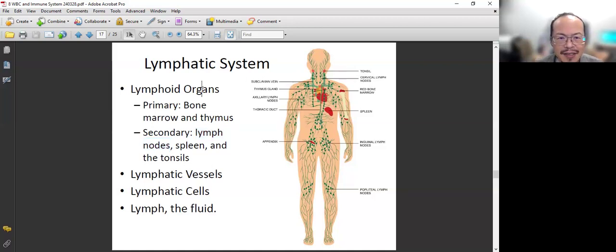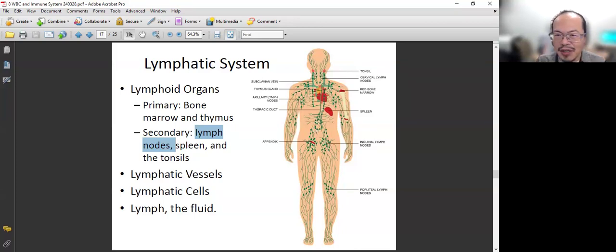We have the lymphoid organs, which are all associated with the lymphocytes. We have these dots, the most abundant lymphoid organ, the lymph nodes. We have lymph nodes, we have the spleen, but those are the bases.